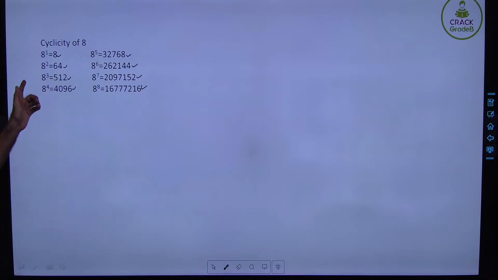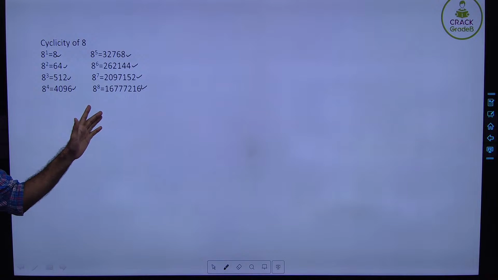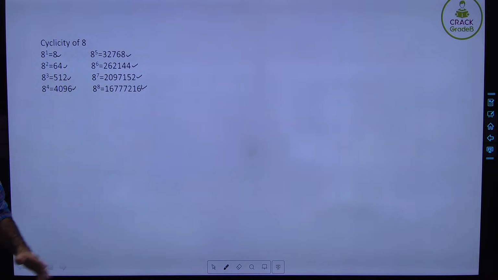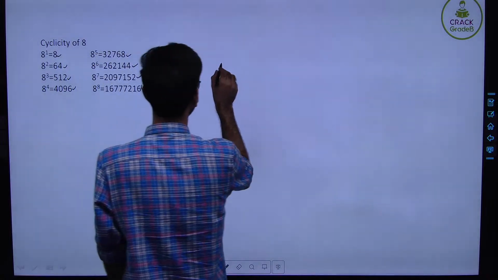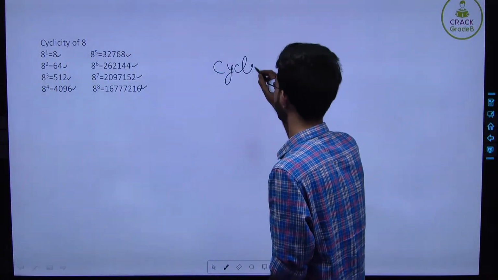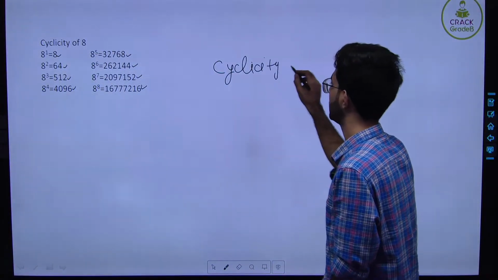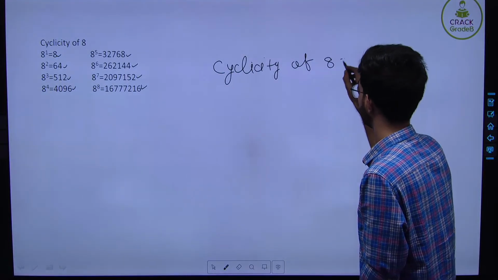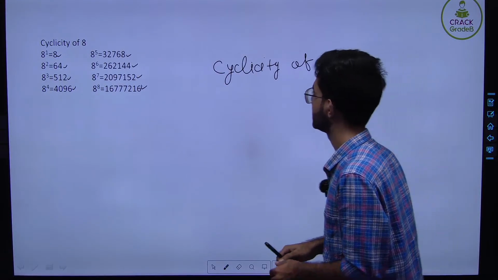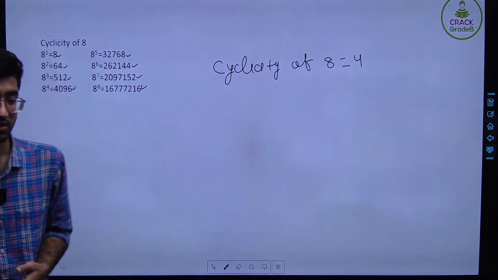The unit digit gets repeated after the fourth power of 8. You can observe 8, 4, 2 and 6 are repeated. So the cyclicity of 8 is 4, right?